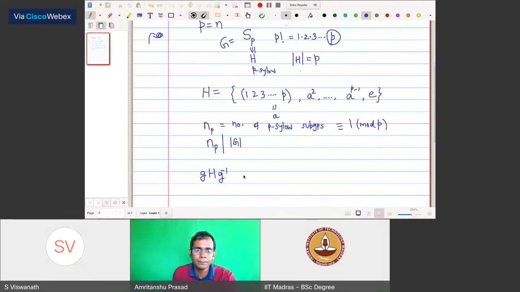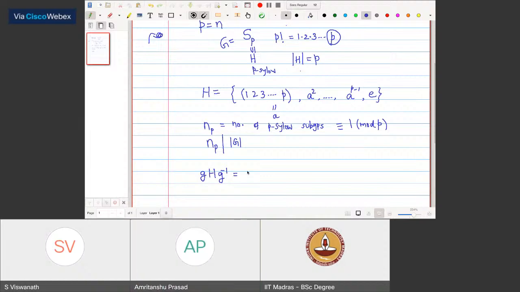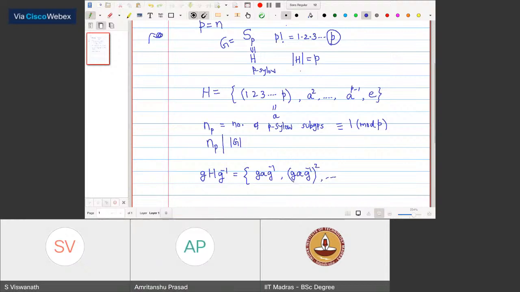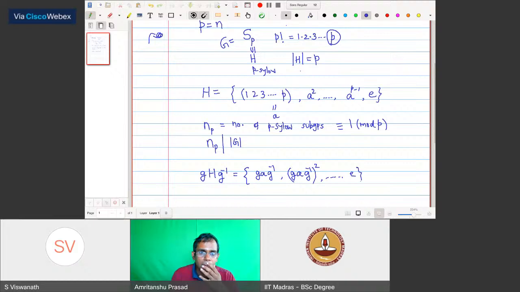So you can look at all conjugates gHg inverse, for different g's, of H. You just have to conjugate every single element, in particular the generator. So it's like taking gAg inverse, the generator of that cyclic group. gA squared g inverse is nothing but gAg inverse the whole square, and so on. So if the original Sylow p-subgroup H was the cyclic group generated by A, this is the cyclic group generated by the conjugate of A, gAg inverse.